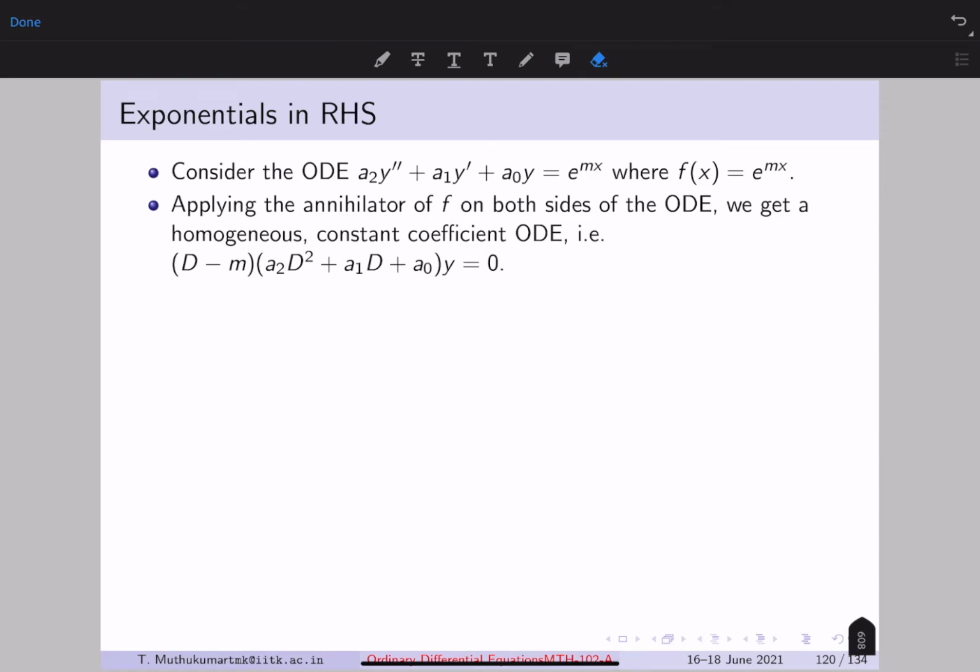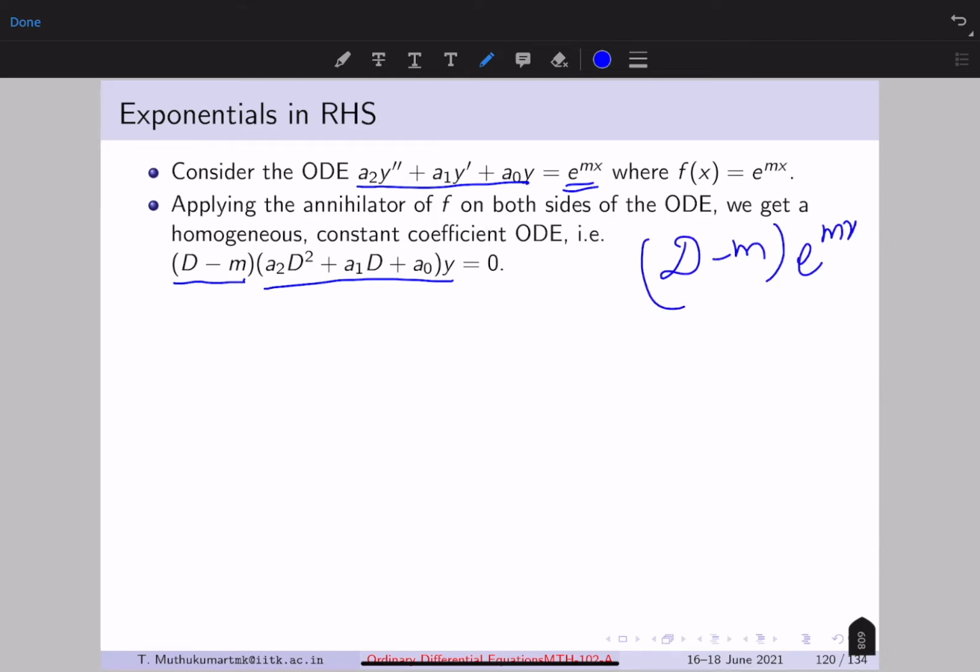We have already seen that the annihilator is D minus m for e^(mx). So D minus m applied to this gives you 0, because (D minus m) of e^(mx) is 0. So you have the homogeneous constant coefficient ODE. So you started with a constant coefficient.